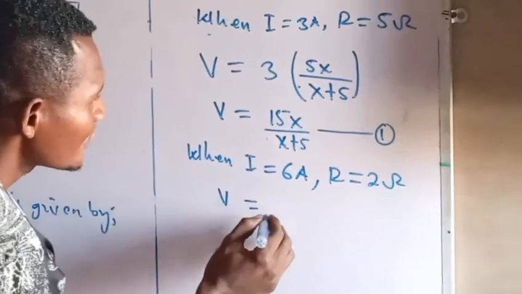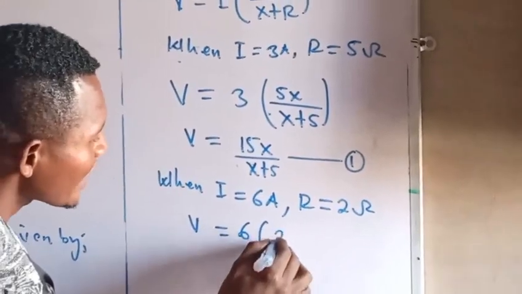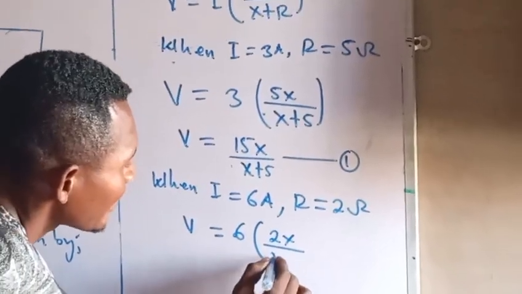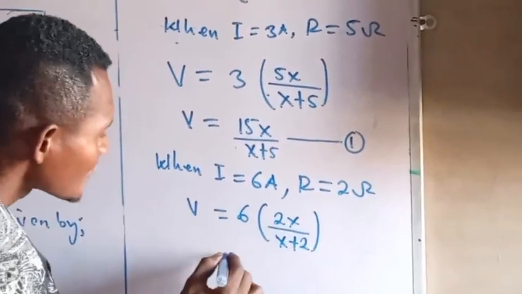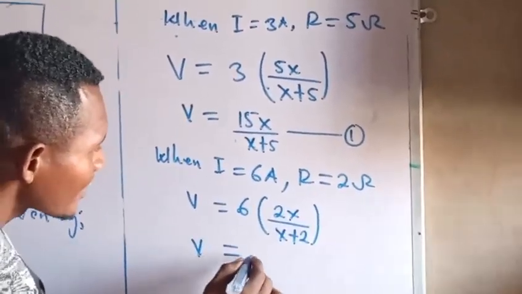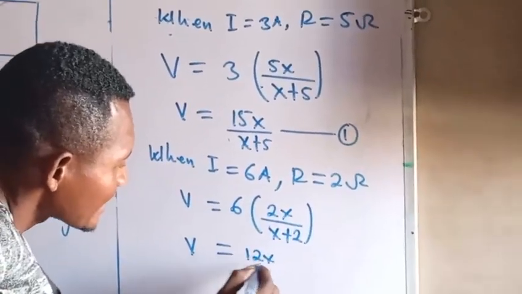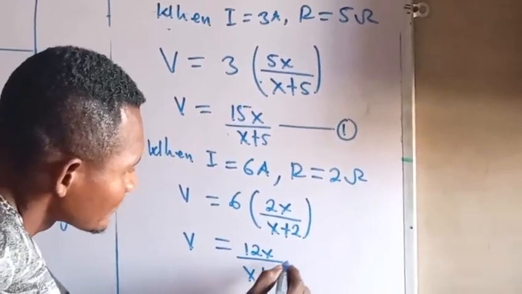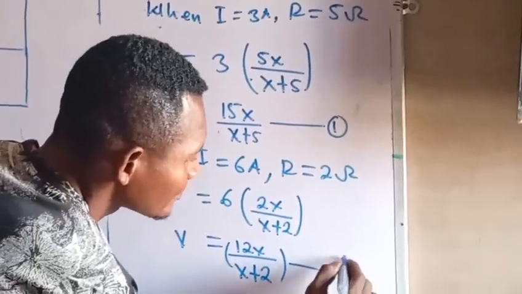So V is also equal to 6 into R, here is 2, that is 2x over x plus 2. So by opening the bracket, V will be equal to 6 times 2x will give us 12x over x plus 2. So this can be our equation 2.